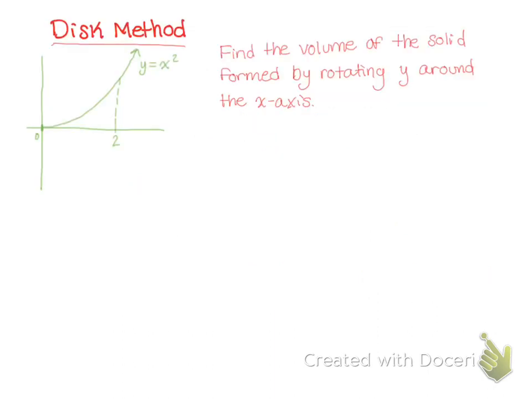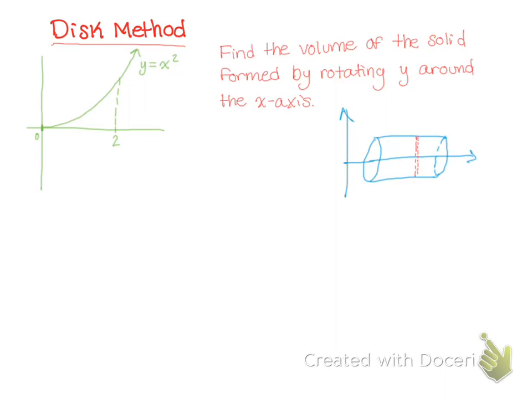So this first one here, we call it the disk method. Okay, so imagine that I have my cylinder. Okay, here's the x-axis. And so imagine that I'm just going to take a tiny little slice out of that cylinder.